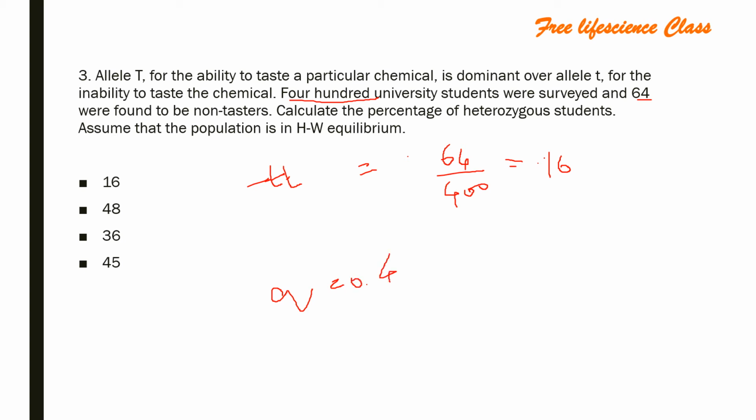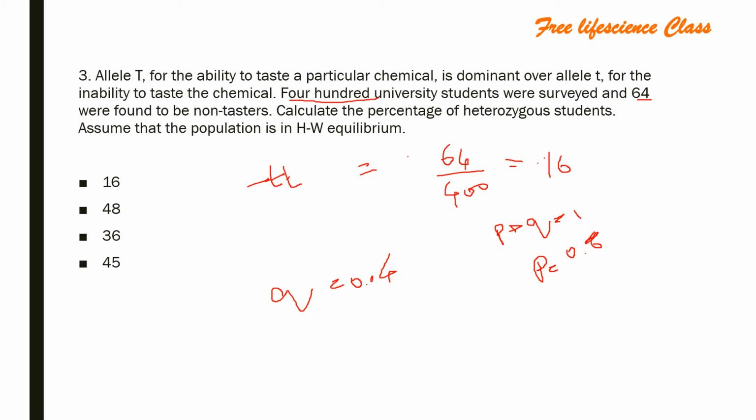Next we have to find p. Already in the previous question we saw how to calculate p. q is given and p plus q is 1. So p is 1 minus 0.4, that is equal to 0.6.